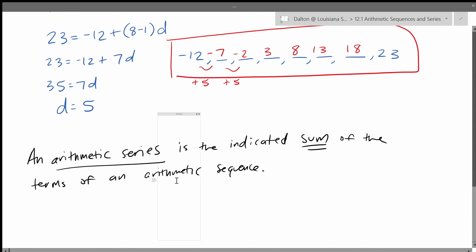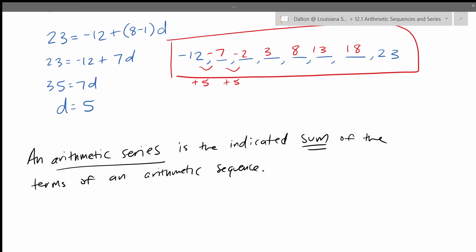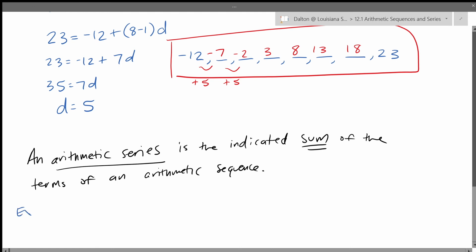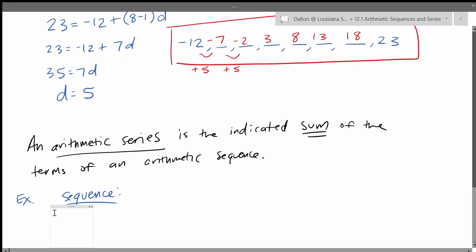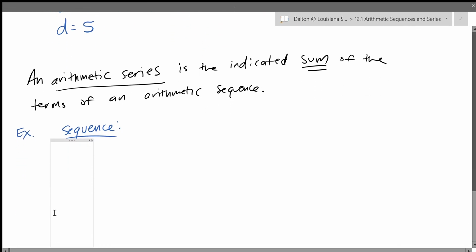You take your arithmetic sequence, and instead of just listing out your numbers, the series just takes the sum of all of those numbers. So, for example, if I tell you that I have a sequence with the following numbers: 2, 5, 8, 11, and 14.